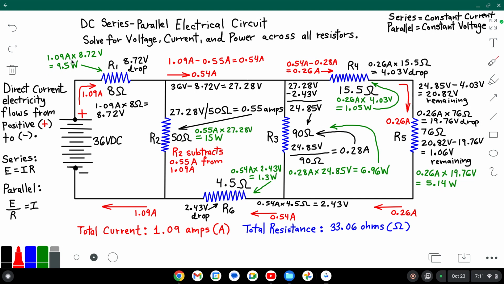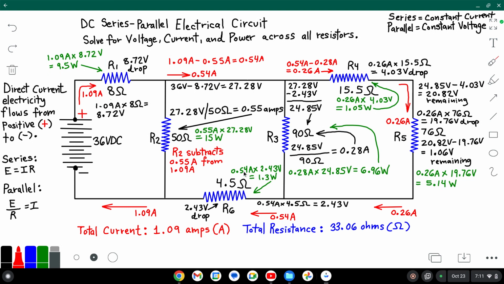So all that's left now is to compute the DC electrical power absorbed across each resistor, and that is simply multiplying the current I times the voltage V or E. So we start with R1, we have 1.09 amps times 8.72 volts drop, 9.5 watts at R1. 0.55 amps at R2 times 27.28 volts, 15 watts at R2.